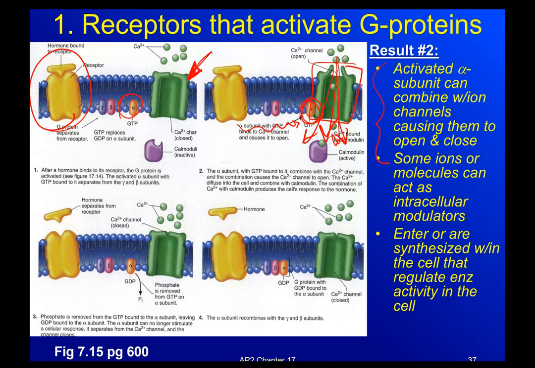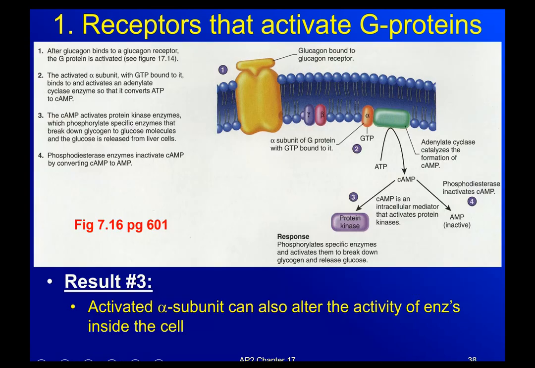When it gets activated in this particular pathway, now I open the channel, but it's opened internally. This isn't like with acetylcholine binding on the outside of the cell. That binding that we're talking about is happening inside. Now, when does it close? When alpha isn't there. When alpha isn't bound to it, it closes. So that's result 2.